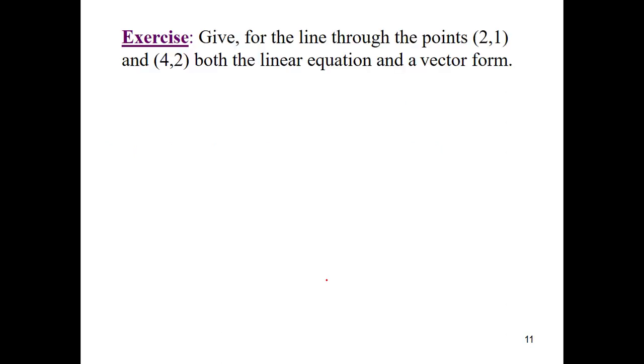So let's see how this goes. Let's say we have a line through the points (2, 1) and (4, 2). So I have a point (2, 1), so this one, and I have a point (4, 2), so this one.